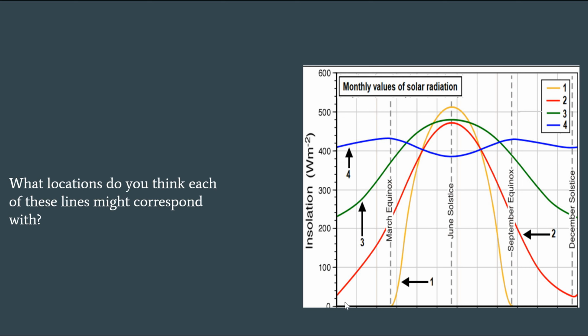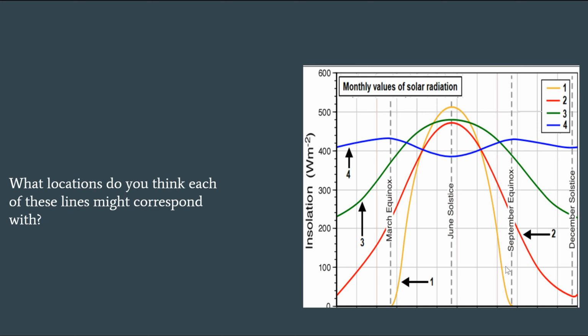Because there's no sunlight from September till March, and all the insolation happens between the two equinoxes, peaking at the June solstice, which is when the northern hemisphere is tilted towards the sun, and Arctic regions get sunlight pretty much 24/7. So this is probably somewhere in the Arctic.